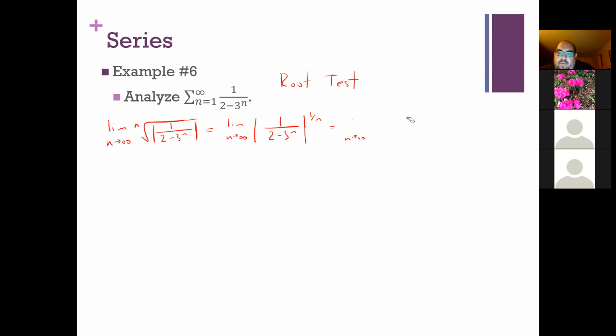Actually, we can just evaluate this indirectly because there isn't much more manipulation to do. What is going to happen to the numerator there? It's going to be 1.